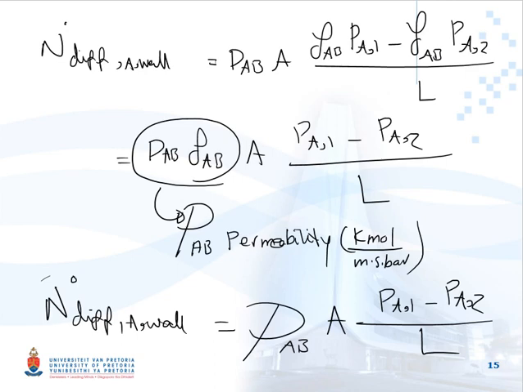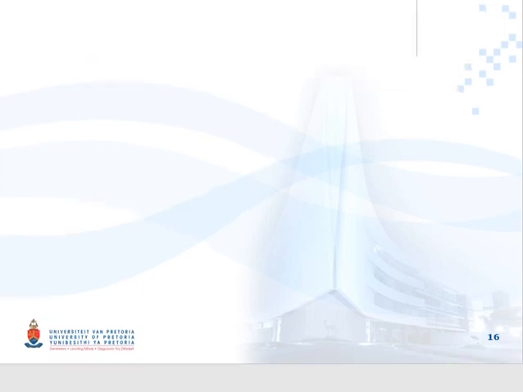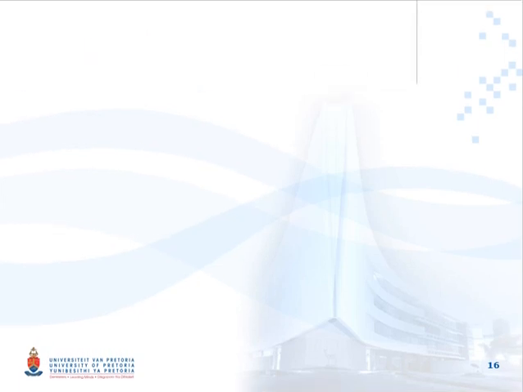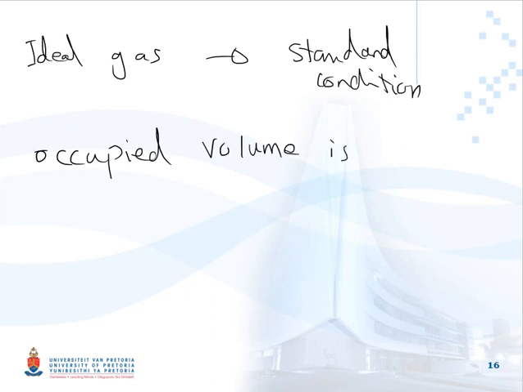Okay, so for an ideal gas at a standard condition, the occupied volume is, if I'm not mistaken, let me open another page and write it down. So for an ideal gas at a standard condition, the occupied volume is equal to 22.414 cubic meter per kilomole.